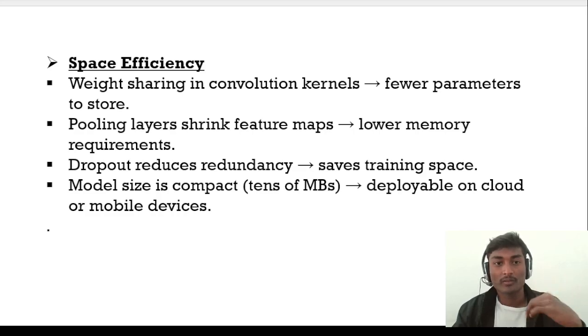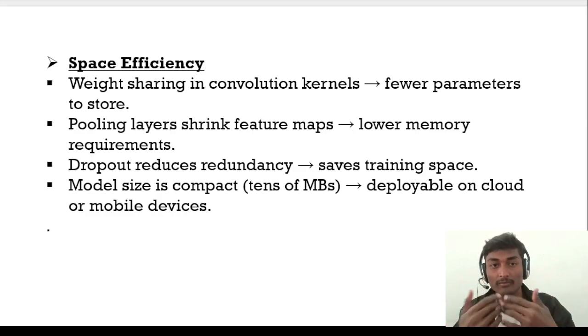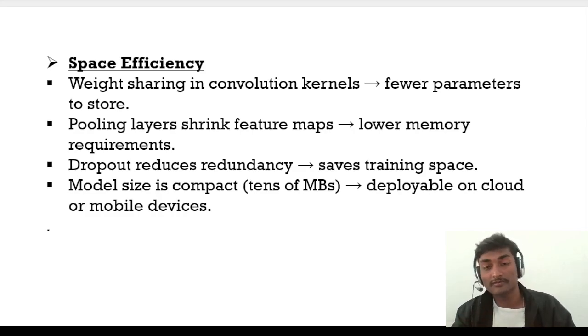Model size is compact, so it does not rely on heavy memory. The memory is very small, deployable on cloud or mobile devices. It's really helpful, as we can deploy our model to mobile and cloud. That's the main feature of our project. Moving to the next slide.